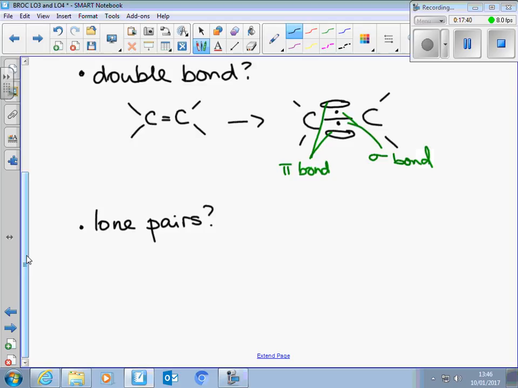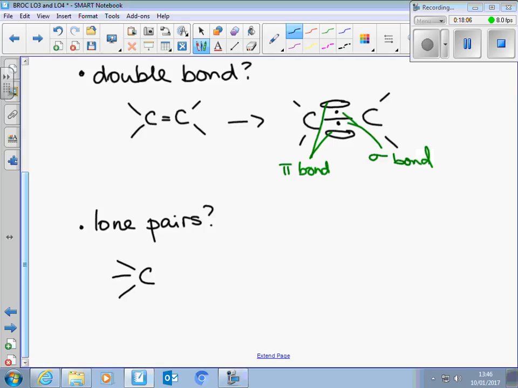I'm not doing the bonds the same way as they are on this sheet. On the sheet, you're getting the little wedge-shaped bonds, which are ones that come out of the paper towards you, and the dashed lines are ones that go into the paper away from you. It's to give a 3-dimensional impression. Doesn't really work, does it?